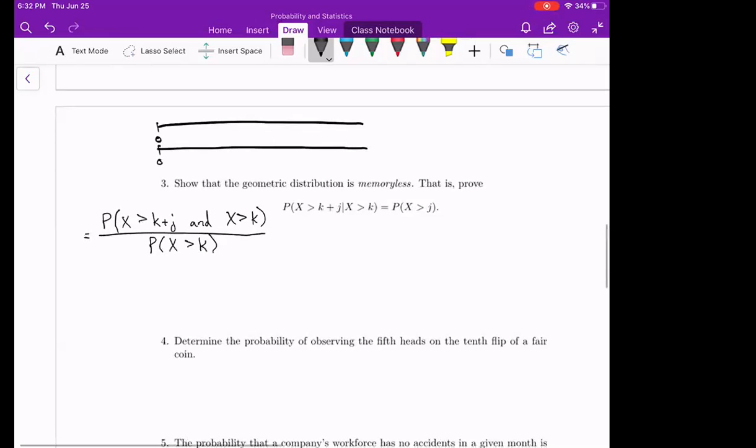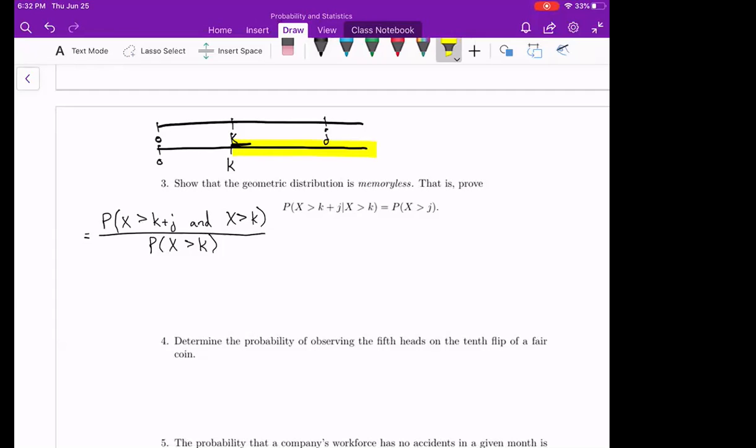And let's say that here's K, and that here's J. So X greater than K is going to be this region onwards. It continues right, you know, infinity.